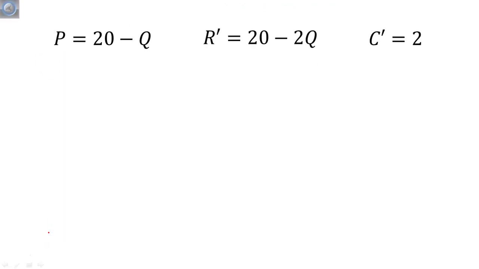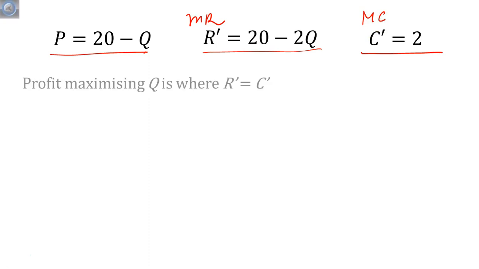Okay, so we've got these 3 equations. We've got the demand equation, we've got the marginal revenue equation, and we've got, as given in the question, the marginal cost equation. The C prime, or the total cost prime, is sometimes used to indicate marginal cost. Now, we know that the profit maximizing output, which I'm going to call Q pi, to indicate this is the profit maximizing output, not just any old output, is where the marginal revenue equals the marginal cost.